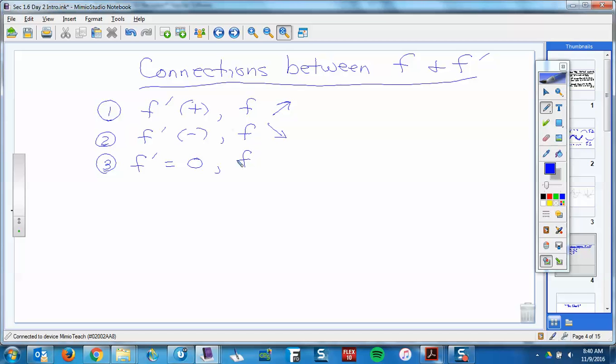It's a local max, it's a local min, or it's a flat spot. Now, that's also, I'm going to put off to the side, a stationary point. We want to make sure we understand that. F prime is 0, that's a stationary point. F is a local max, min, or flat spot.